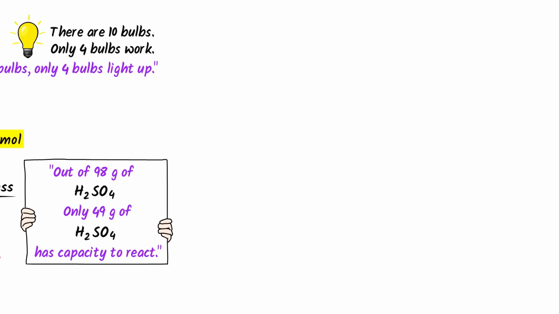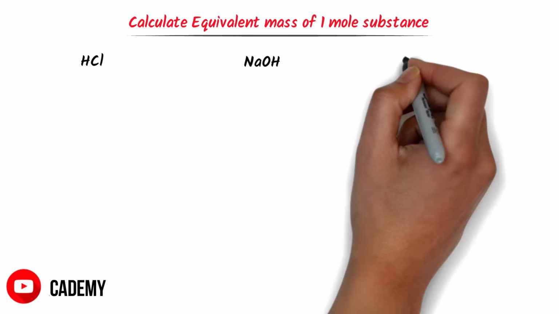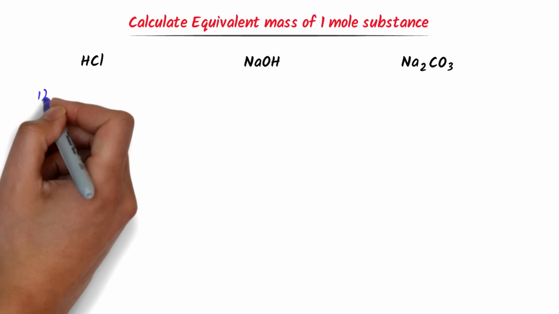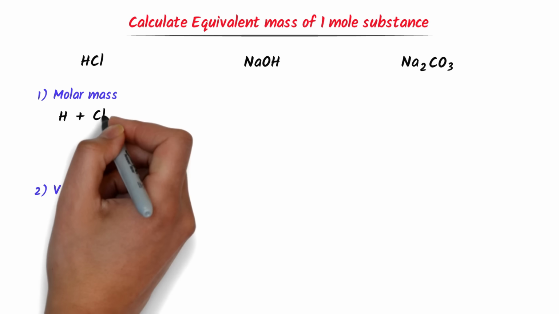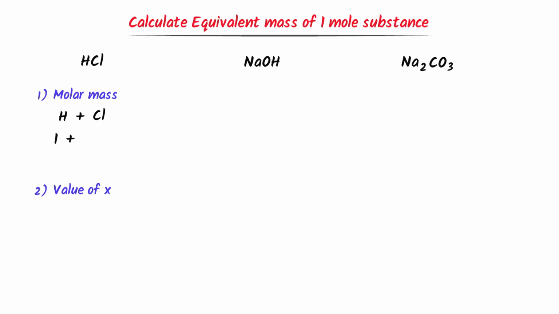Now let me teach you how we can calculate equivalent mass of 1 mole substance? Well, consider these substances. We already know that to calculate equivalent mass, we need two things, molar mass and value of X. Now in HCl, there is 1 hydrogen and 1 chlorine. The molar mass of hydrogen is 1 gram and that of chlorine is 35.5 gram.